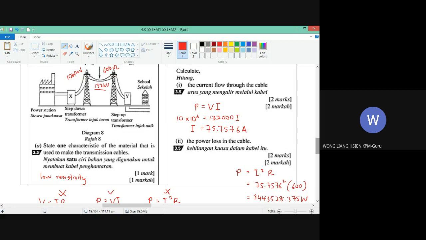You see or not? So from here, you can already see how important is the step up transformer is. If the transformer doesn't step up the voltage, to reduce the current, then a lot of the energy will be lost as heat.